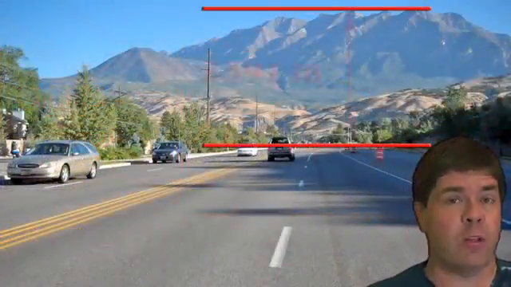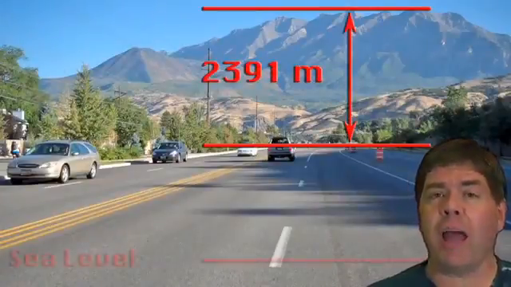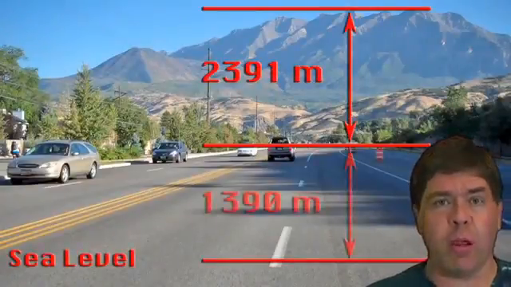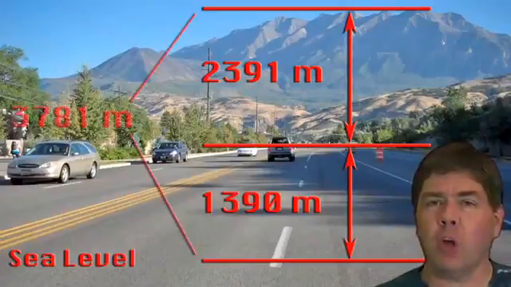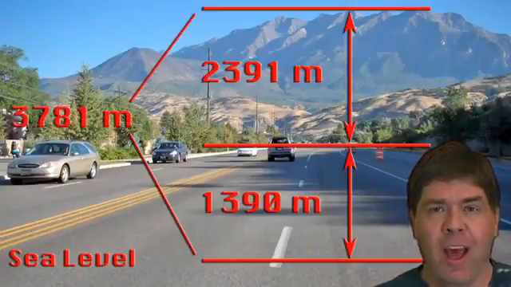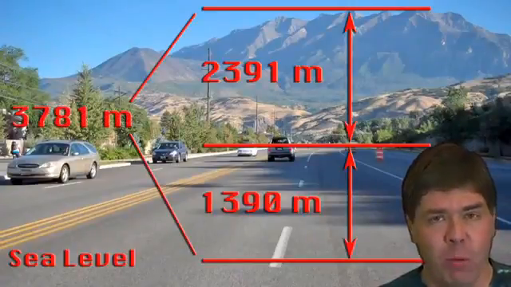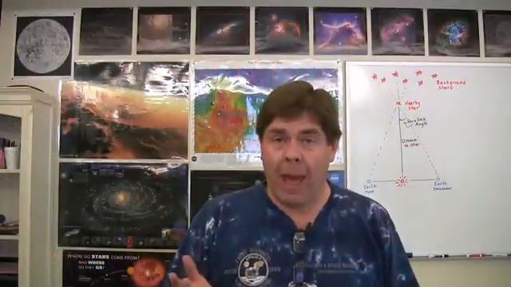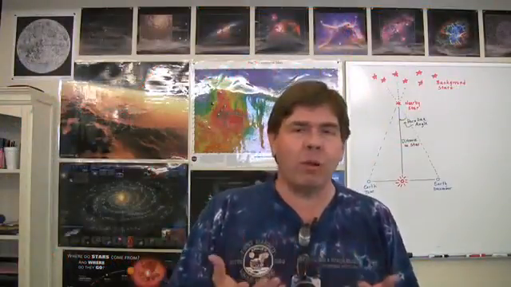Adding our altitude here at Walden School, which is 1,390 meters, to the height of the mountain, which is 2,391 meters, that gives us a total height for Mount Timpanogos of 3,781 meters. Now checking that on a map, the actual height is 3,581 meters. So you can see that we got quite close.